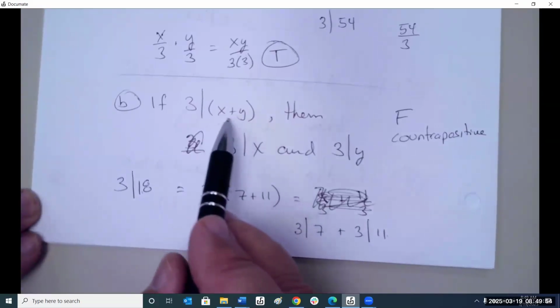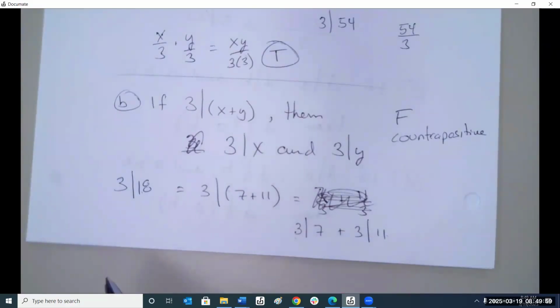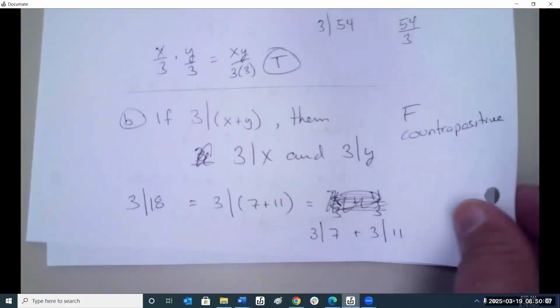Yes, it sounds good what you're saying, but that's if you used exact numbers for X and Y that are divisible by 3. I started with X plus Y is 18. 7 plus 11, it doesn't work. You have to be very careful what numbers you choose and which ones you're sticking by.